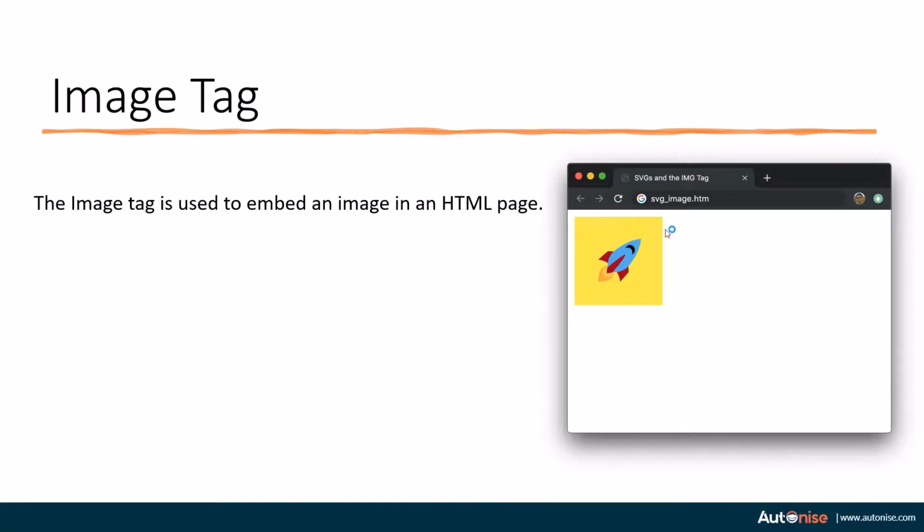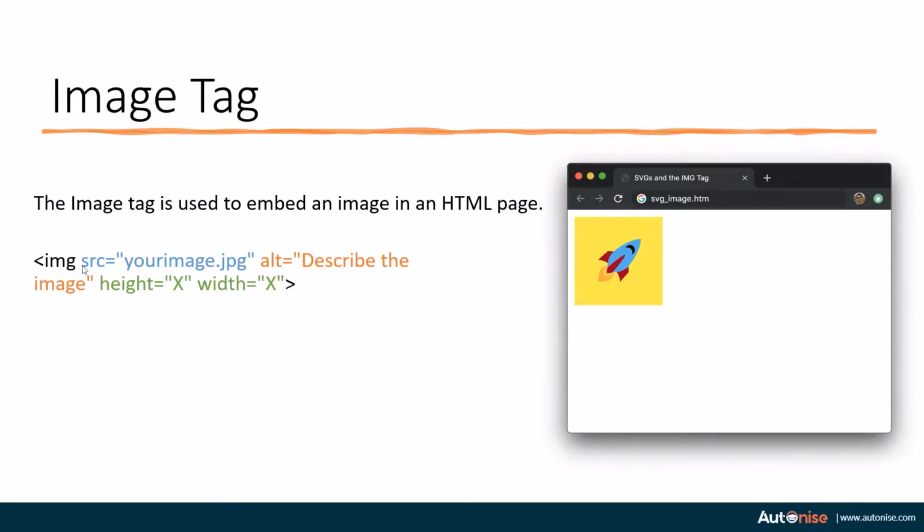Let's see how to do this. The code to do this is shown over here. First, we begin with the image tag name. Inside the tag name, you have multiple attributes. Over here, you can see the source attribute, the alt attribute, the height, and the width attribute.